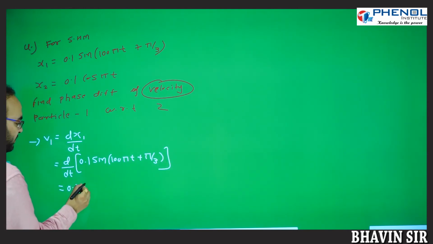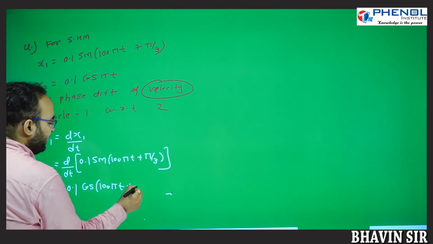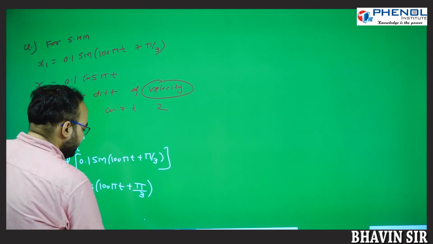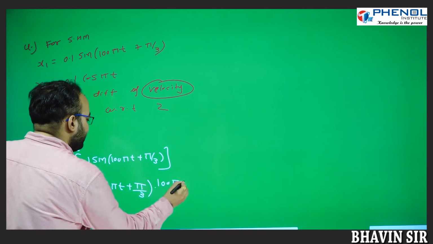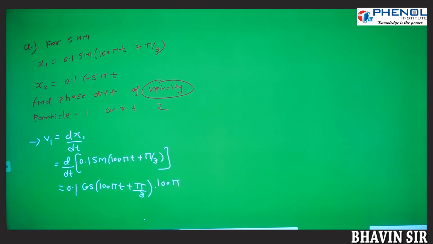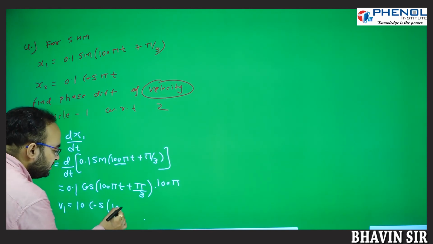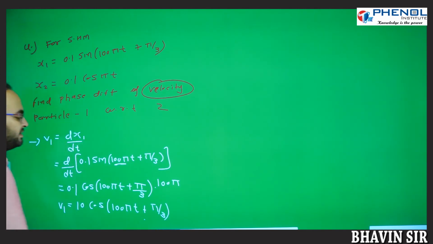So 0.1 cos (100 pi t plus pi by 3) into, okay, what is the concept? Multiply with the coefficient of t. What is the coefficient of t? 100 pi. So 0.1 into 100 pi, so 10 cos (100 pi t plus pi by 3).